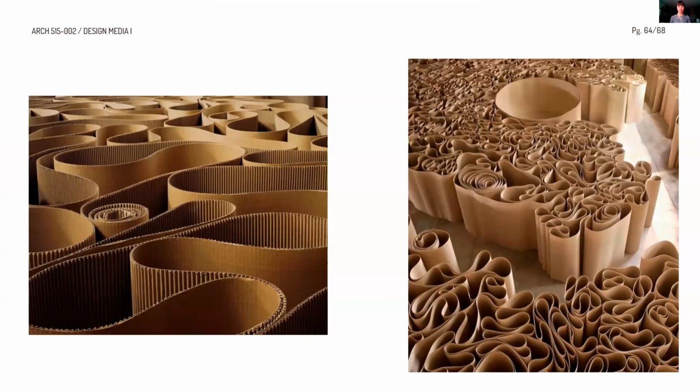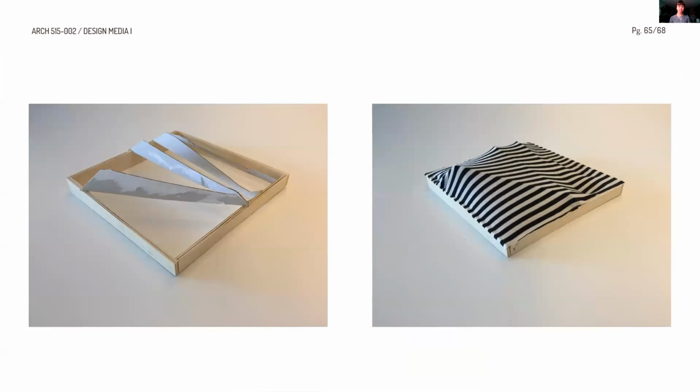This is an installation at the Serpentine Pavilion by Michelangelo Pistoletto. The corrugated cardboard is endlessly looped here, and I think this approach creates a really fertile ground to bring in another verb action to begin to create topography. Finally, these are a few models from last year's students.